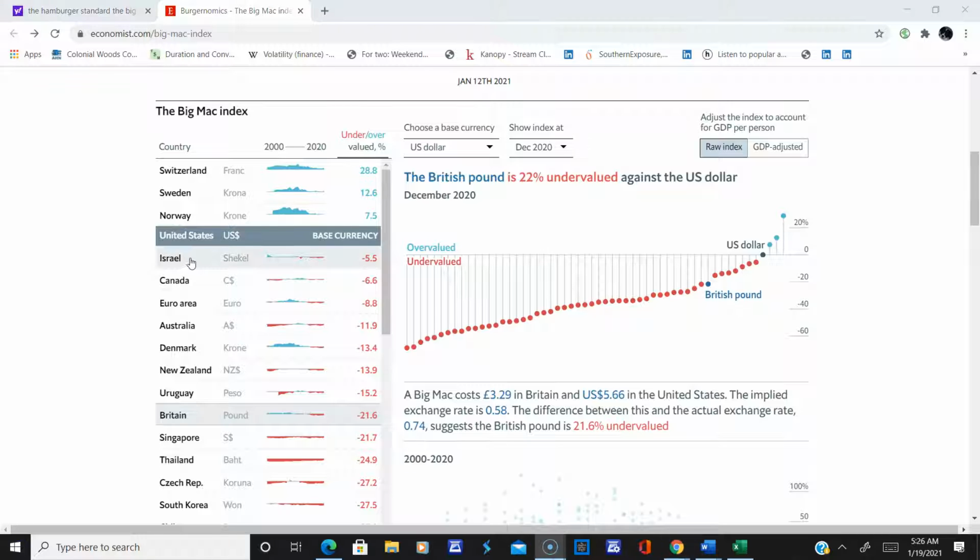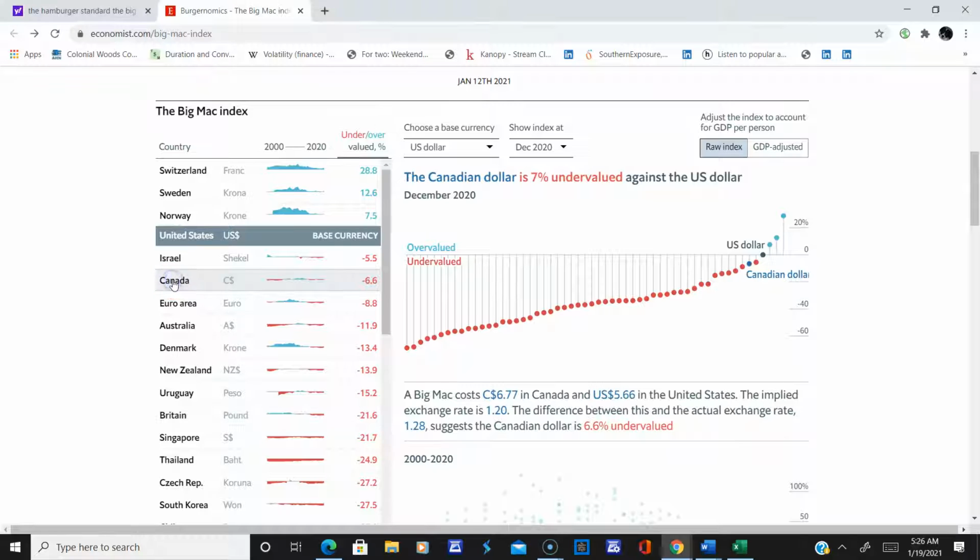So I can look at another one. You just pick a country here. The base currency is the dollar, all right? And we're looking at the index from December, which I think is about the newest I can get. So let's say I look at Canada. A Big Mac costs $6.77 in Canadian dollars and $5.66 in the United States.